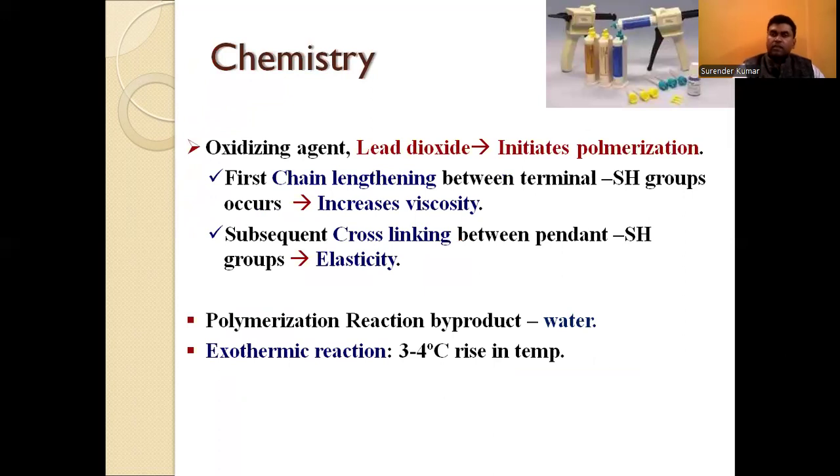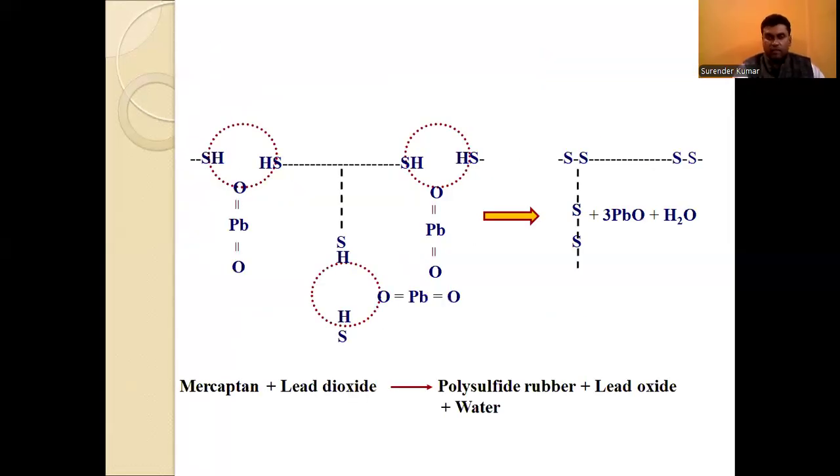Chemistry: oxidizing agents, that is lead dioxide, initiate the polymerization. First, chain lengthening between the terminal SH groups occurs, which increases the viscosity. Subsequently, cross-linking between the pendant SH groups occurs, and they give rise to the elasticity. The polymerization reaction byproduct is water, and it is an exothermic reaction, with a 3 to 4 degree rise in temperature.